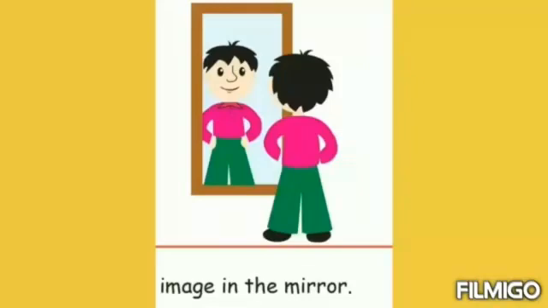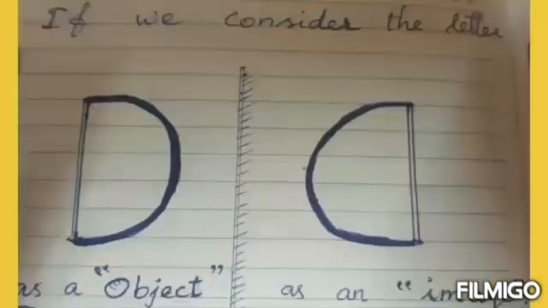Right or left? Your time starts now. Answer, left. Next, when you raise your left hand, the image in the mirror looks like dash hand. Right or left? Right hand.